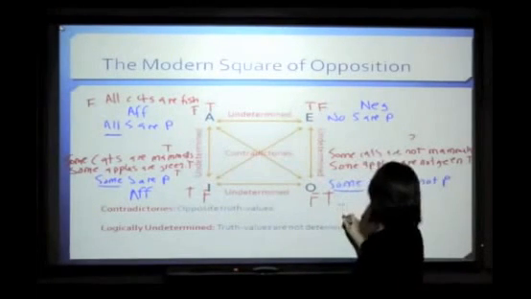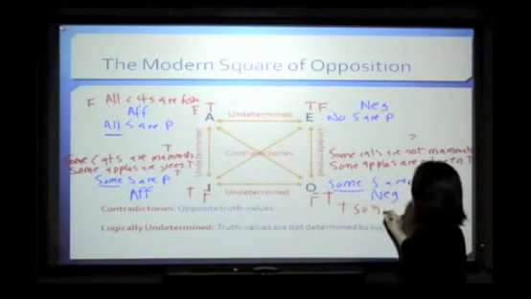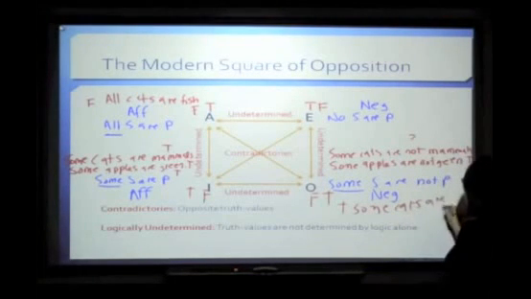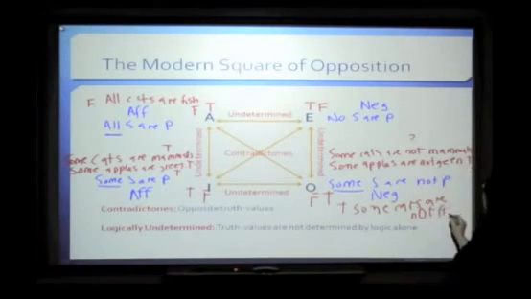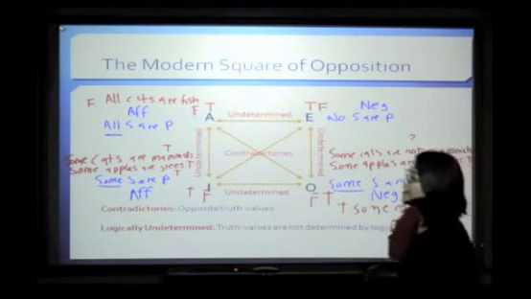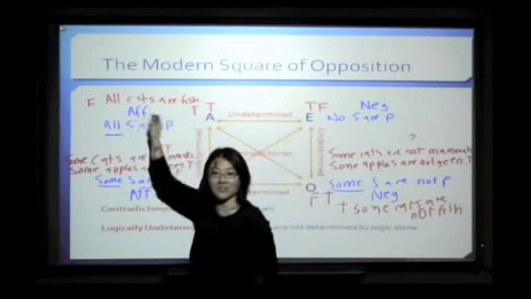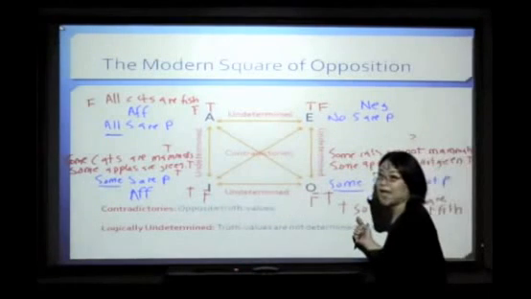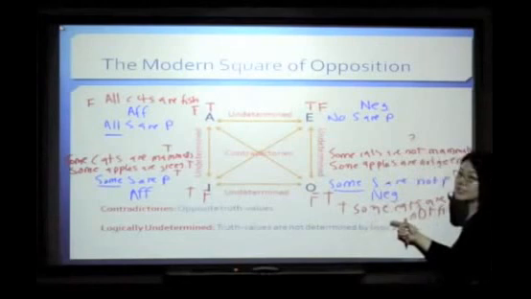So we have that it's true that some cats are not fish. Okay? So in order to prove that all cats are fish is false, we can show that there's at least one cat that is not a fish is true. Okay? So the contradictory statement is true.